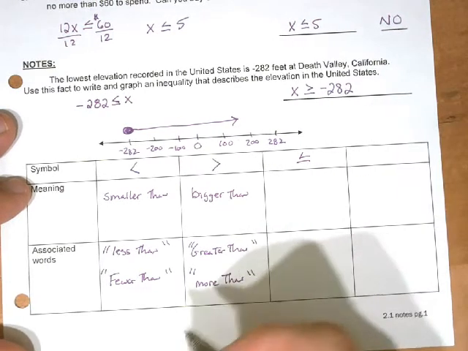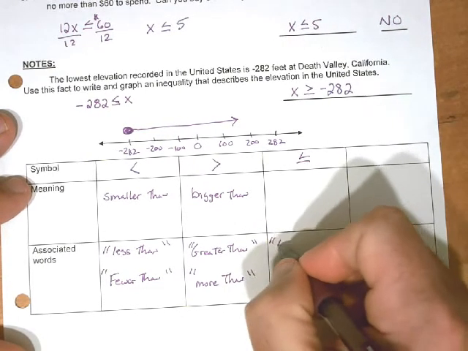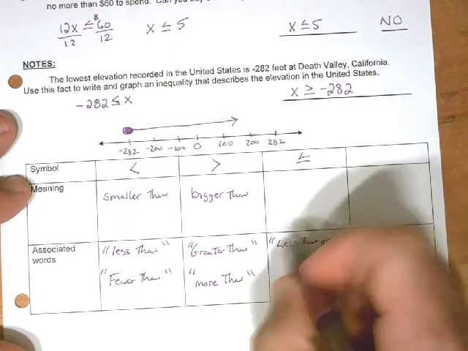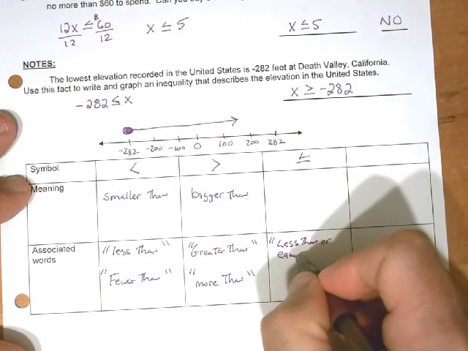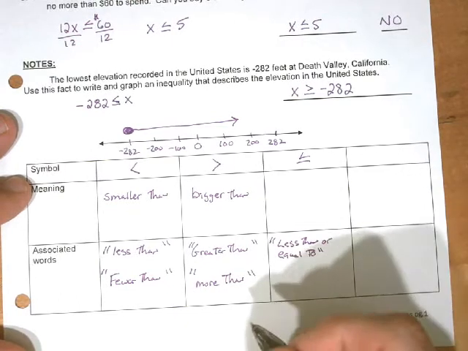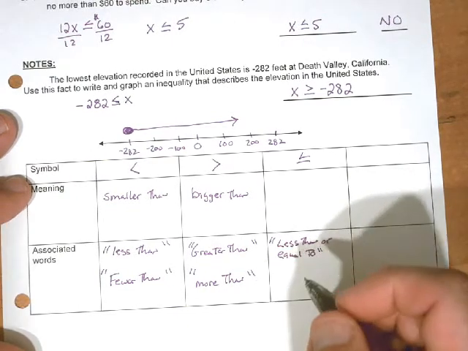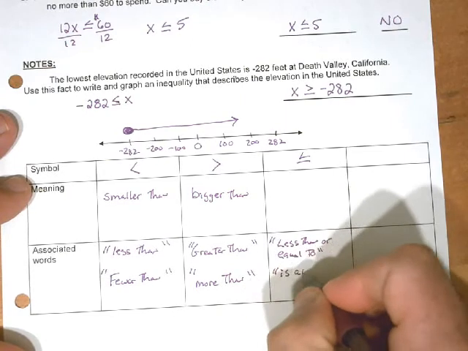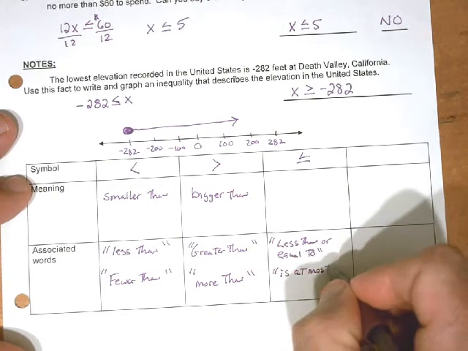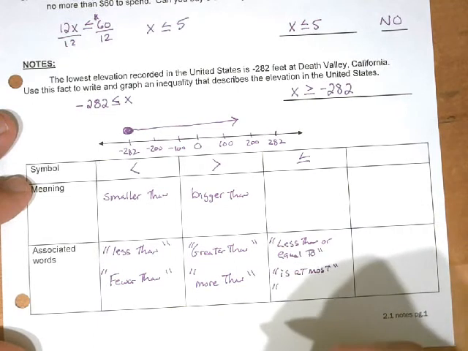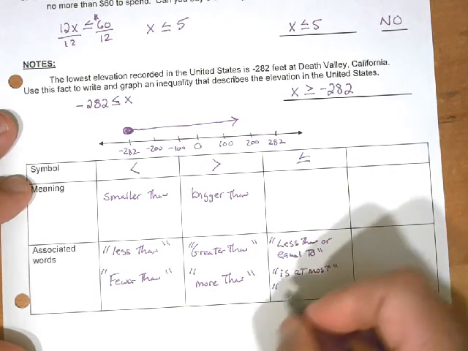We talked about our less than or equal to sign. So less than or equal to. Another way to say it is at most. So is at most will be the same symbol.